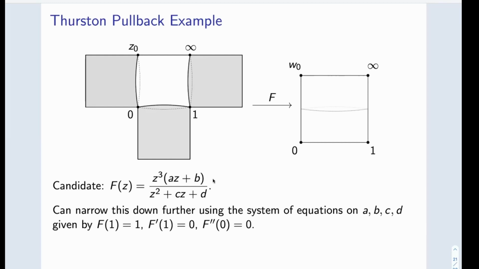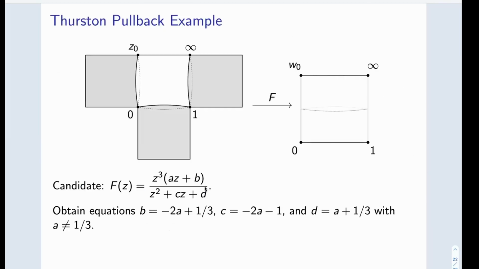But we have 4 unknowns here, and this corresponds to 3 equations involving A, B, C, D. So in principle, it should be possible to solve for 3 of these parameters in terms of the remaining one. And if you sit down and bash through the algebra, this does end up being the case.